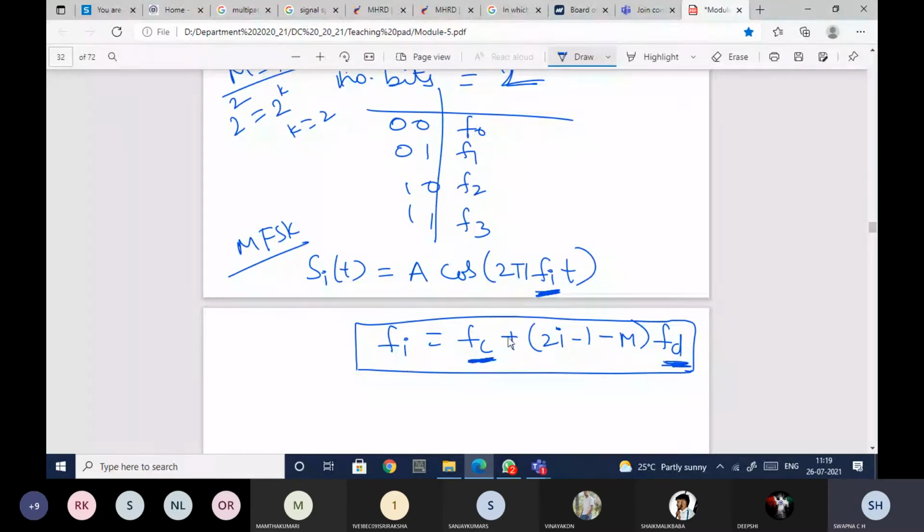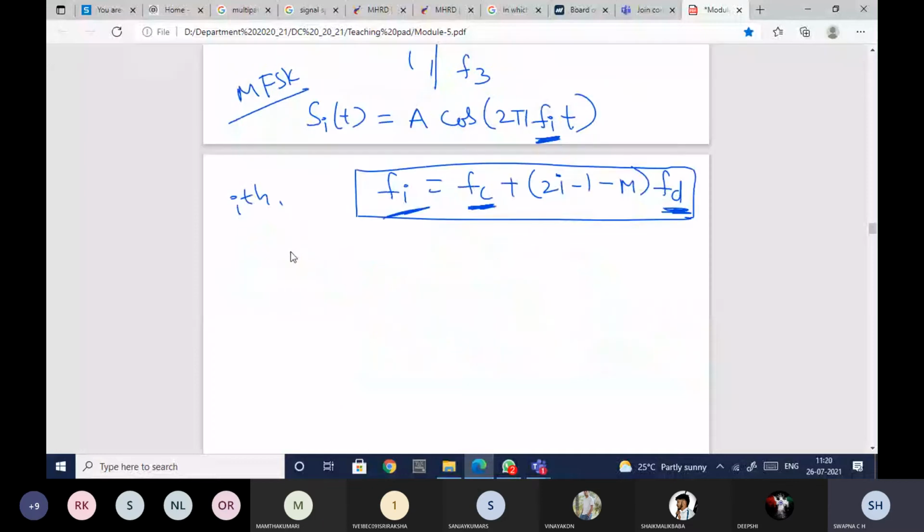Okay, so I'll just explain with one example. Let me consider that M is equal to 4.